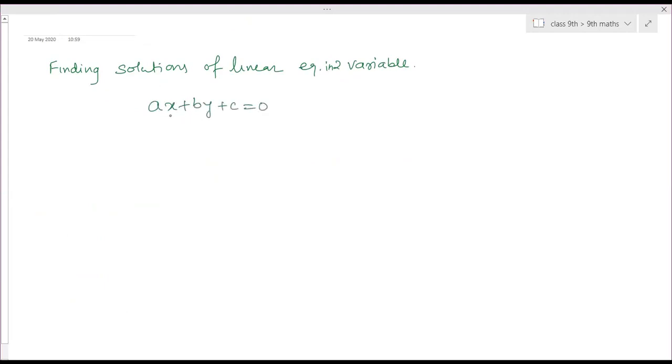So finding a solution means finding the values of x and y which satisfy this equation.